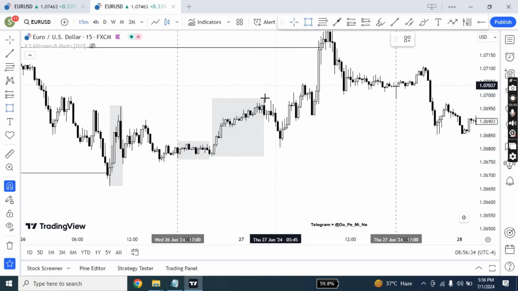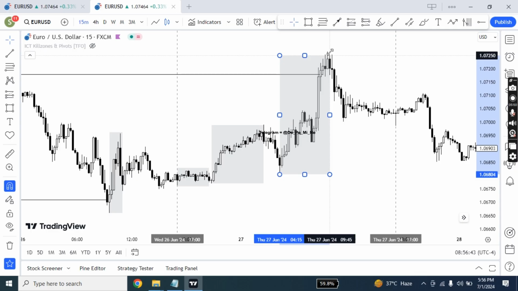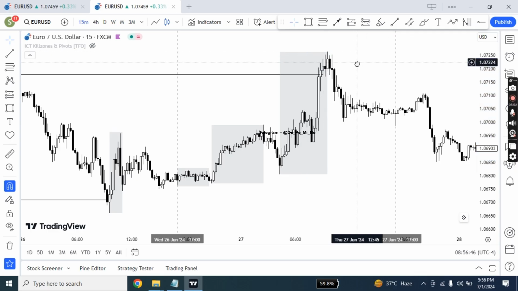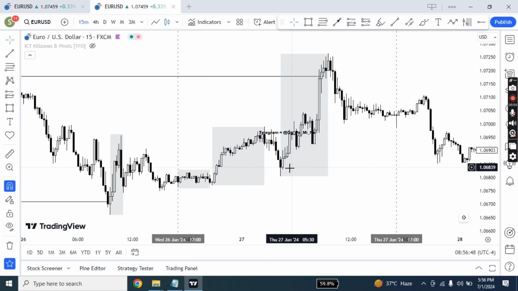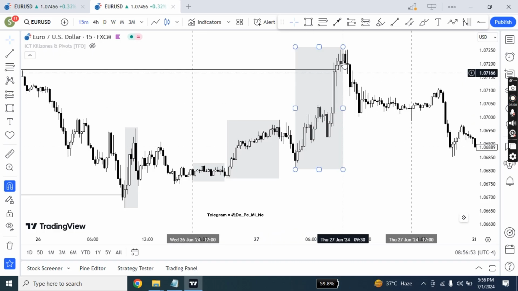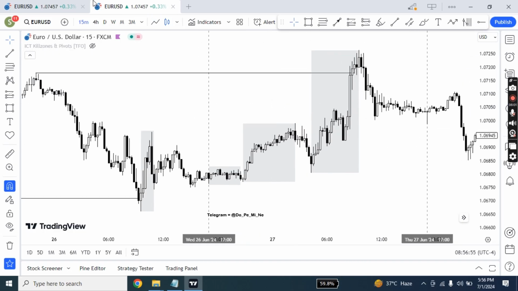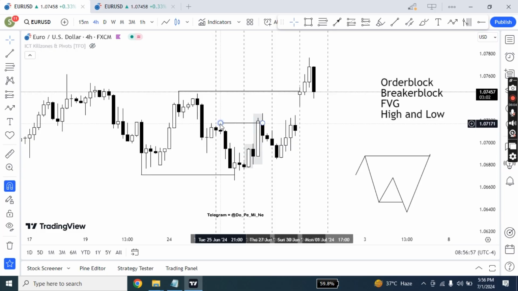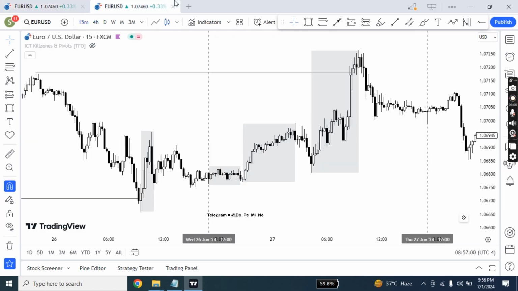Then we have this retracement right here, and after a retracement profile ends, the only possible outcome we can have is an expansion higher, and we had this expansion right here, right? Now the unique thing about this expansion profile is that it also took out this range high and swing high, which is our 4-hour key level, and this expansion profile ended inside a key level and tested a key level.